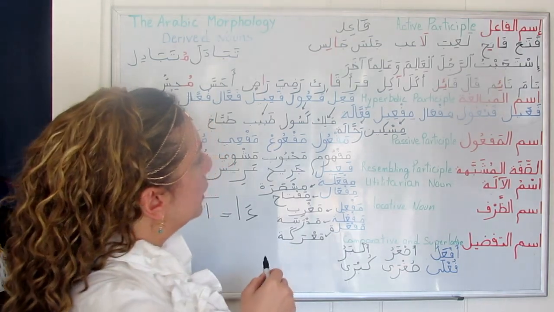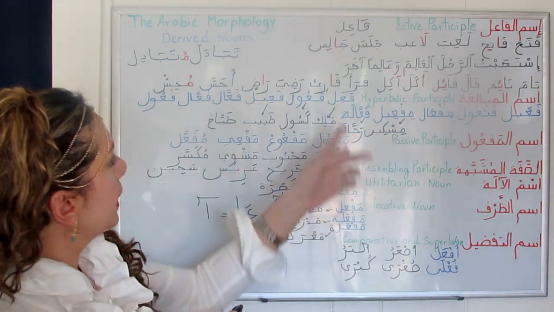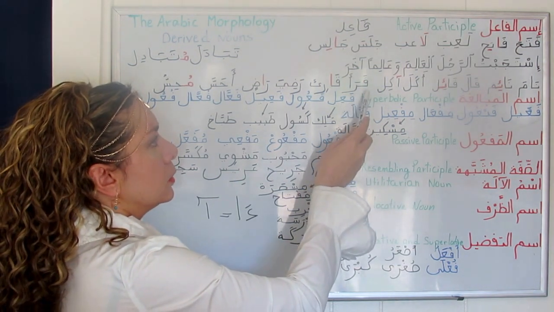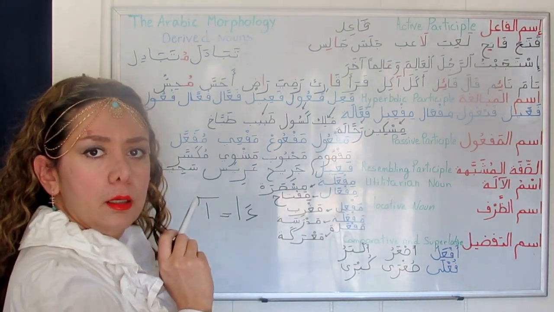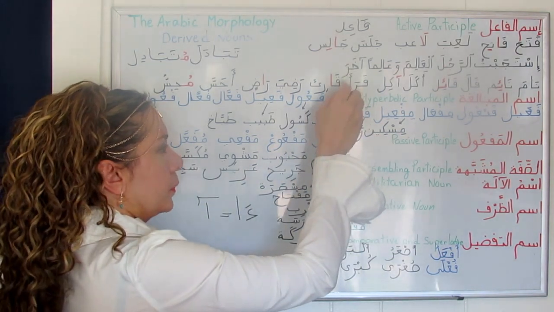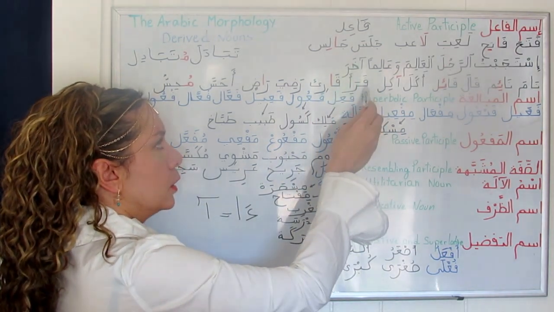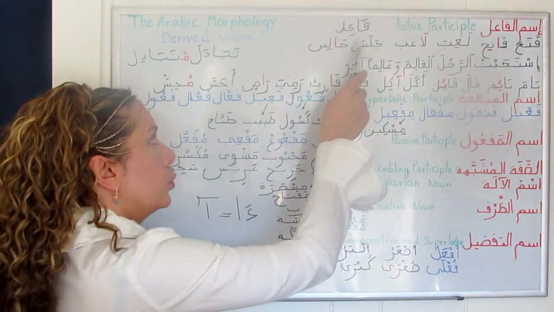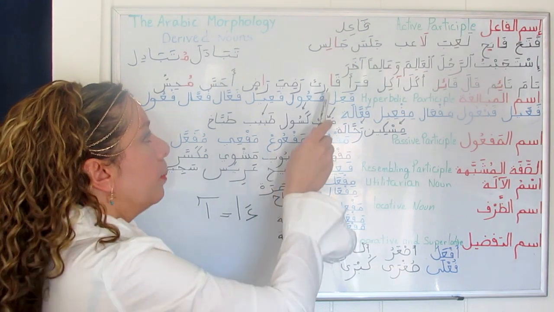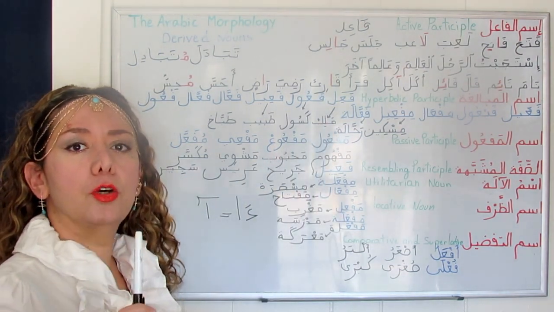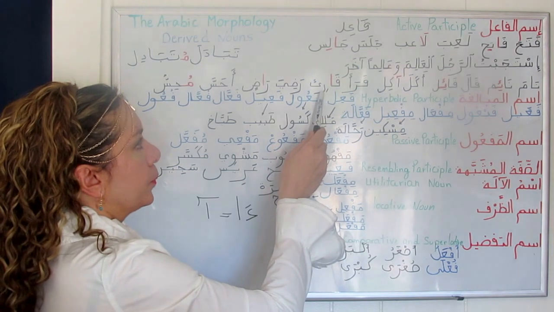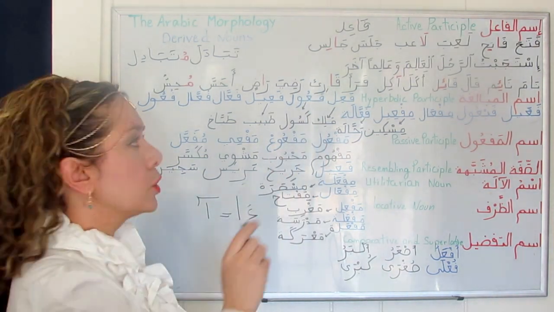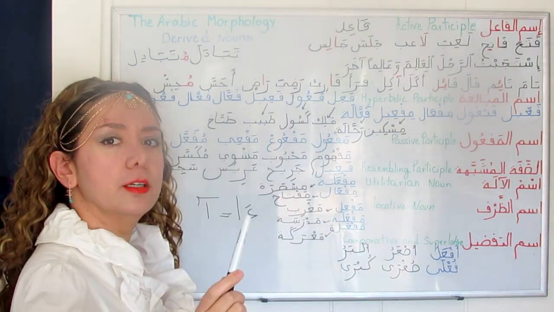Here we have other examples. Qara'a. We have hamza as a last consonant. So we add the long vowel after the first radical to follow this pattern, fa'il. But because we have kasra in the second last consonant, the hamza will have to sit on the ya.